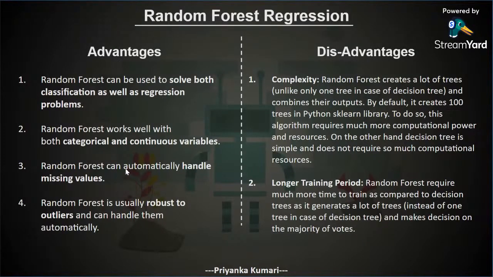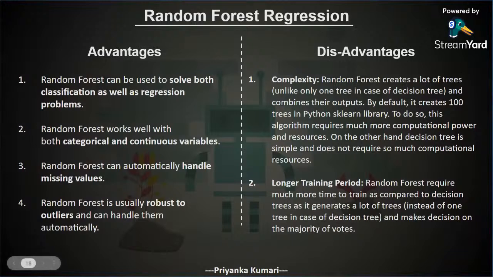Then the third advantage of random forest is that it can automatically handle missing values. So if missing values are present, they would be handled automatically. It is handy because we shouldn't have to take more stress about missing values. So one more step of data preprocessing is reduced, and as we saw, the same is applicable for the decision tree also, which also handles missing values.